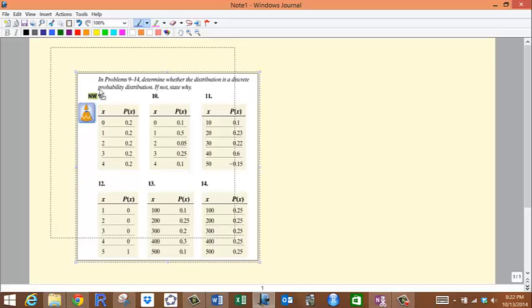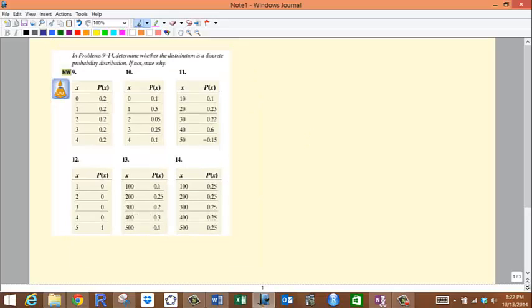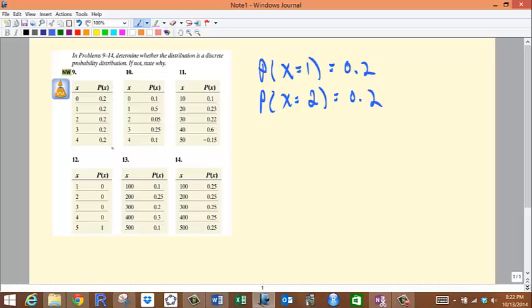So like I said before, the probability that x takes on the value of 1 is equal to 0.2. The probability x takes on the value of 2 is also equal to 20%, so on and so forth. Criteria 1 says the sum of these probabilities must be 1. So yes, and all the probabilities are decimal numbers between 0 and 1. So yes, this is a probability distribution.